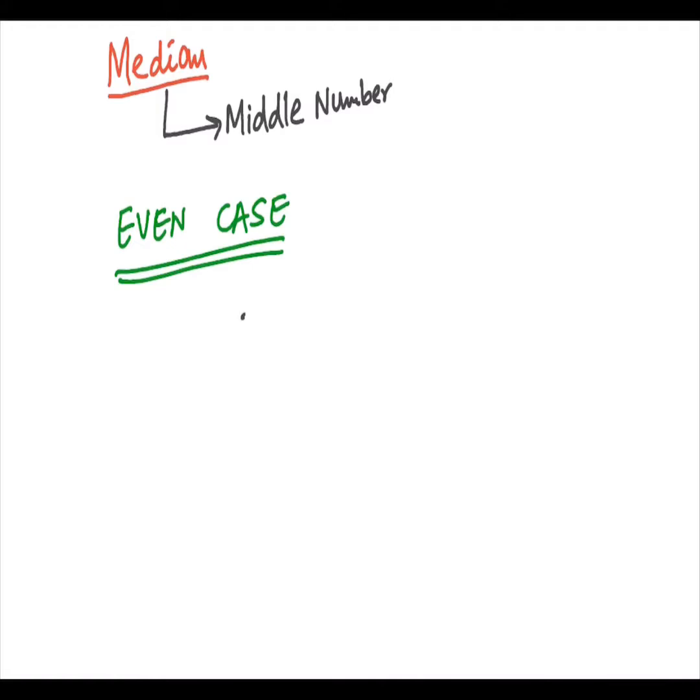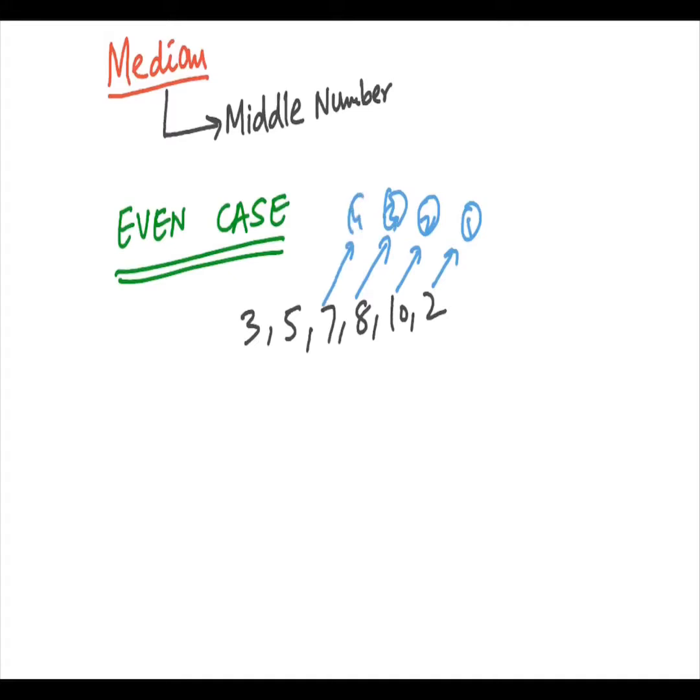I have the numbers 3, 5, 7, 8, 10 and 2. Now we can see how many numbers we actually have. So we have 1, 2, 3, then this is 4, this is 5, and this is 6.